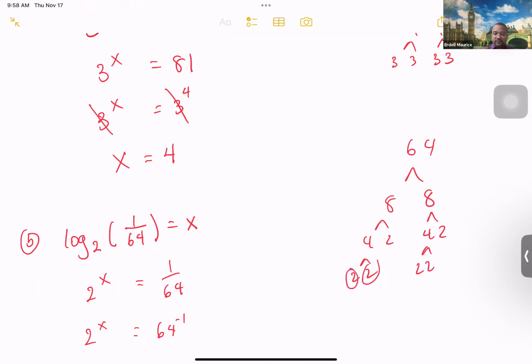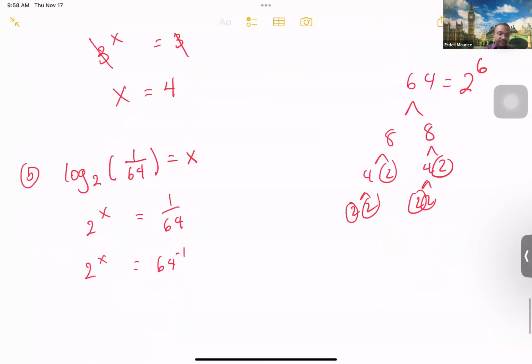That's 1, 2, 3, 4, 5, 6. So that's 2 to the 6th power. And so my equation becomes 2 to the x is equal to 2 to the 6th power raised to the negative 1. So in other words, I'm replacing the 64 with an equal value, but with the same base that I am looking for.